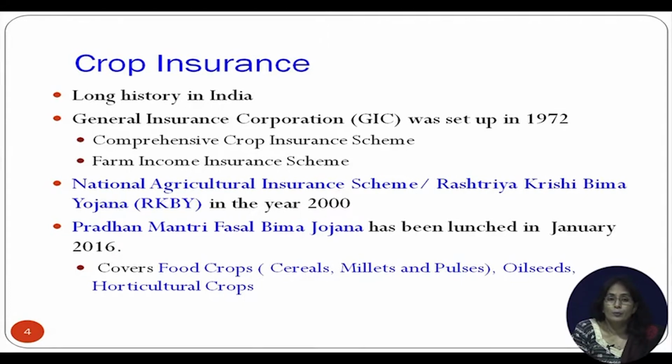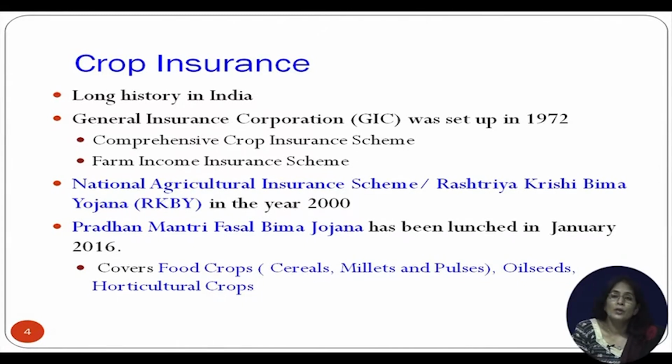At different points of time, GIC and other insurance companies in India have offered different kinds of crop insurance. Two of the important ones are the Comprehensive Crop Insurance Scheme and the Farm Income Insurance Scheme. And in the year 2000, the National Agricultural Insurance Scheme also came in. It was also known as Rashtriya Krishi Bima Yojana.